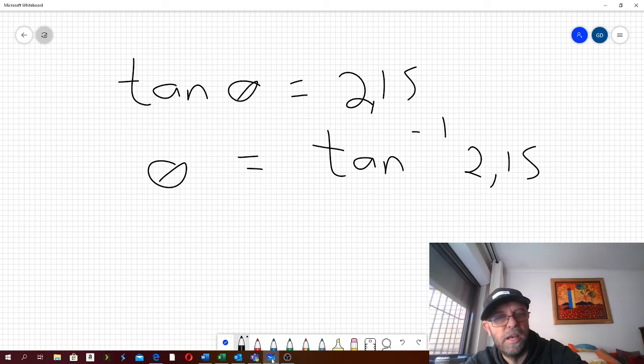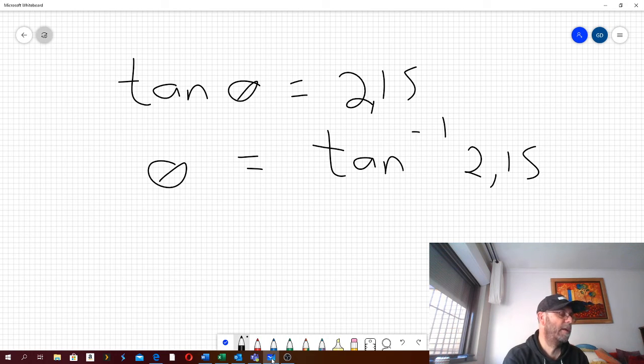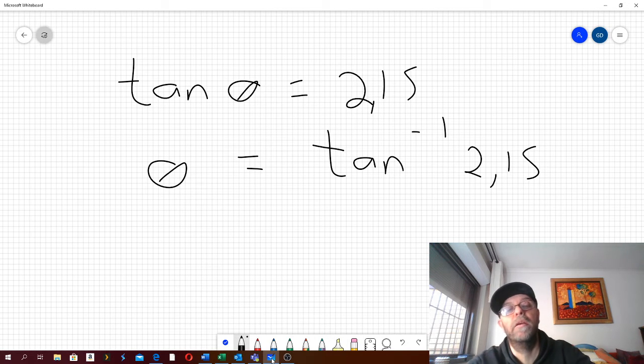Let's go and type that on our calculator. Inverse tan of 2.15 equals 65.1 degrees.